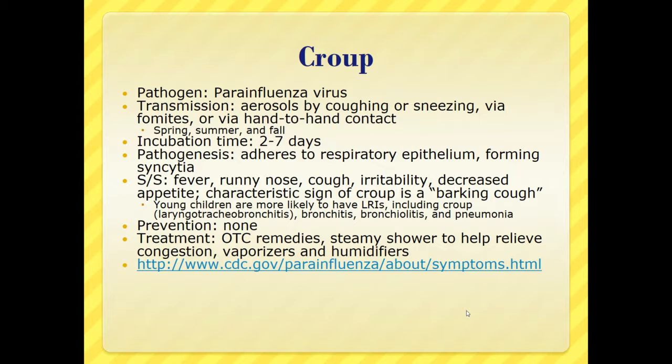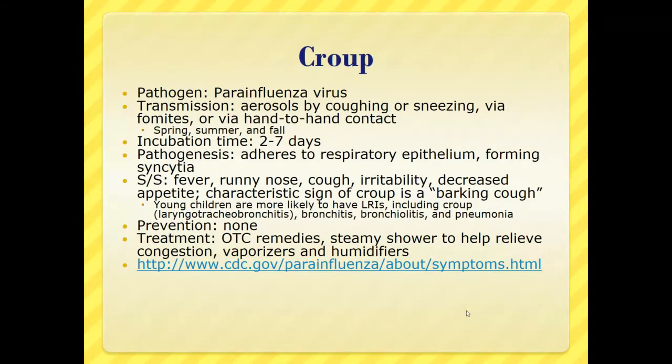It forms syncytia in the respiratory tract, so not in the lungs, but in the respiratory tract leading to the lungs, and can lead to what we call laryngotracheobronchitis. So you get an inflammation of the larynx, or the voice box, the trachea, and the bronchi. It can make its way to the lungs, but typically doesn't.